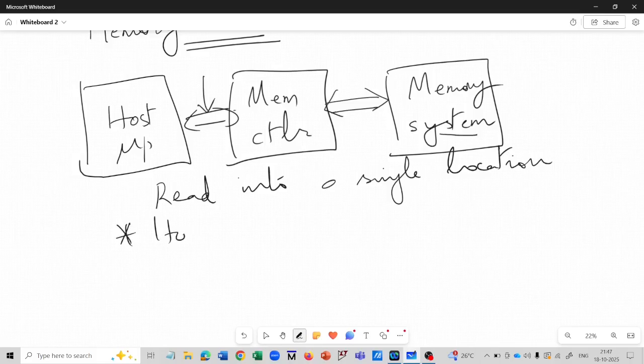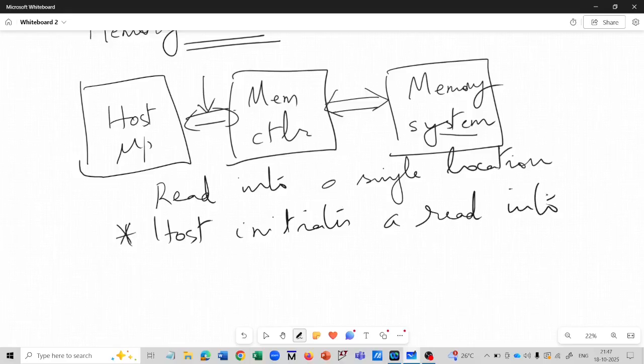So the host initiates a read into a single memory location.